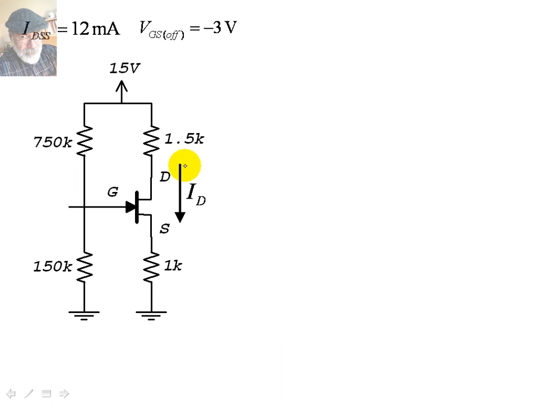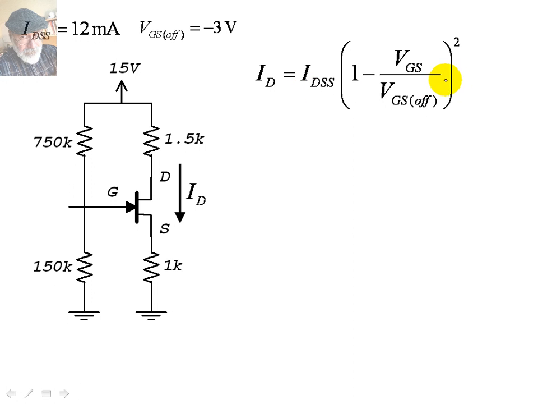Well, we will compute the drain current as this expression, assuming that the transistor is in saturation mode. You say, well, it's in saturation if two conditions apply. That VGS is above the pinch-off voltage, that's right, and also that VDS is above the overdrive voltage.